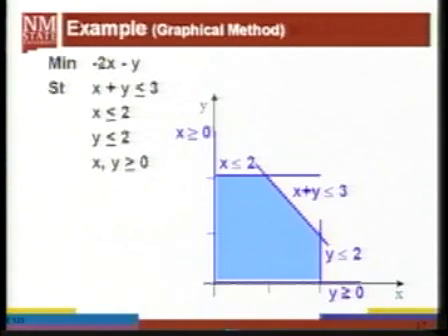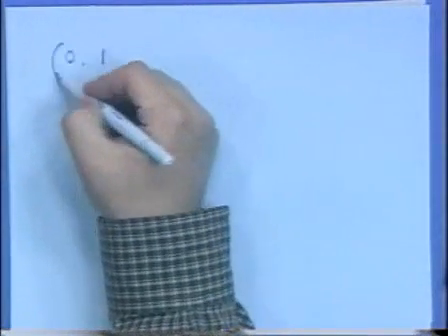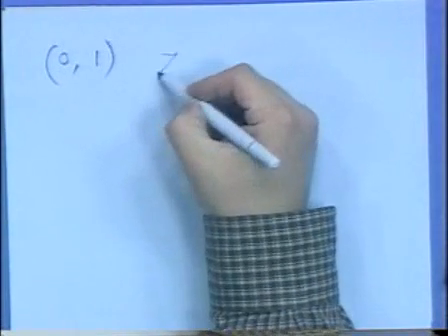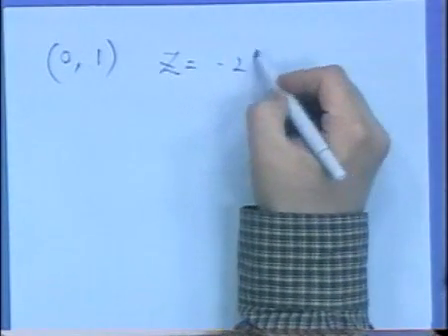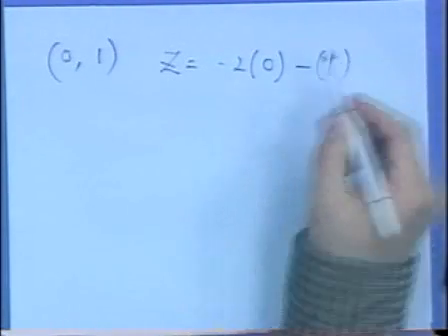And I said to draw an iso value line, you need to choose any point in the feasible region and calculate the corresponding objective function value, which is the g value, right? So if I choose (0, 1), for example, then the corresponding g value is going to be negative 2 times 0 minus 1, right?